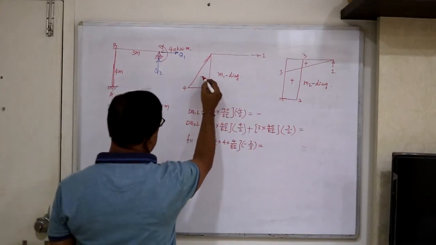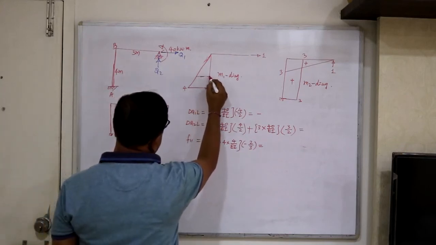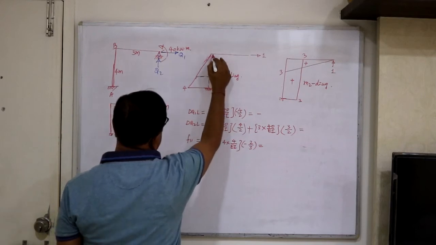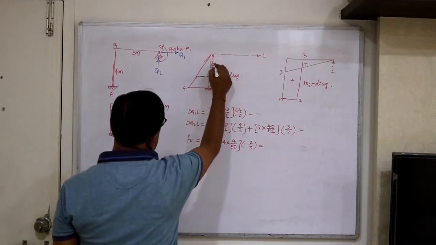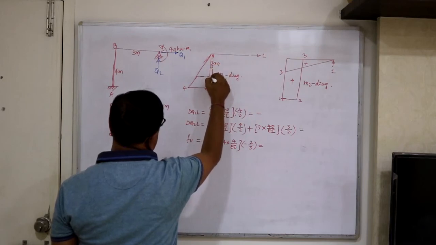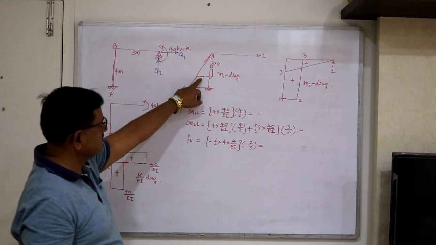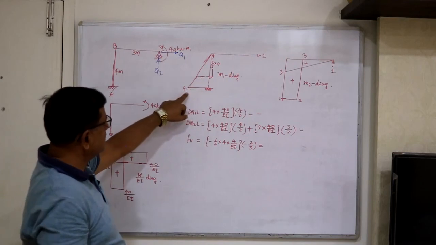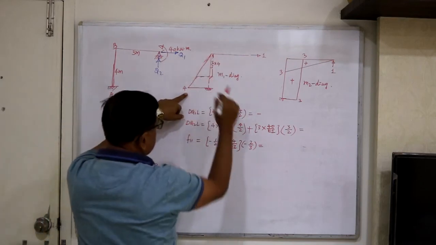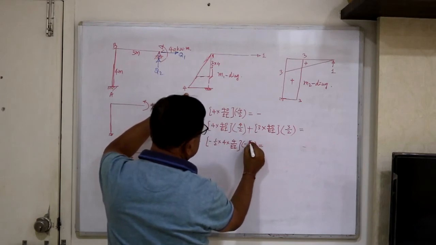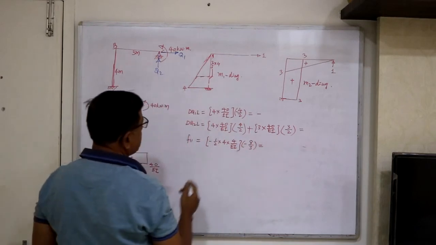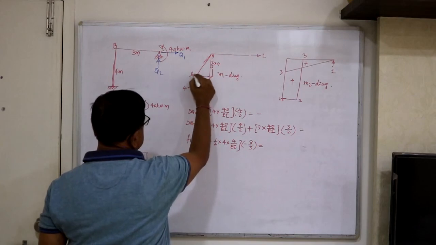Because it is a triangle, this distance is 2/3 of the base, and this divided by 4 equals this divided by 4, so this is 8 by 3. That means this ordinate is 8 by 3.